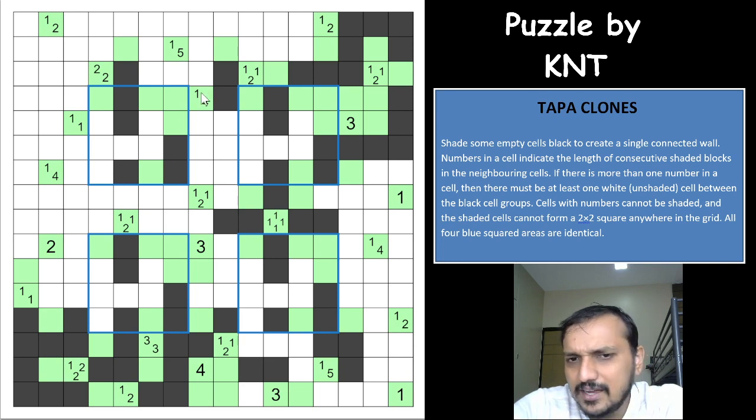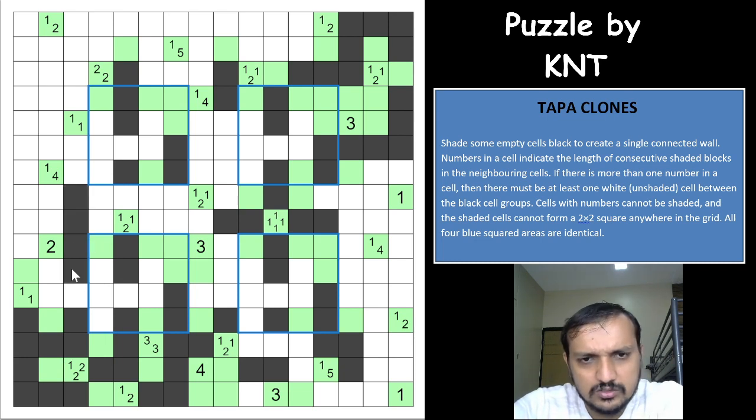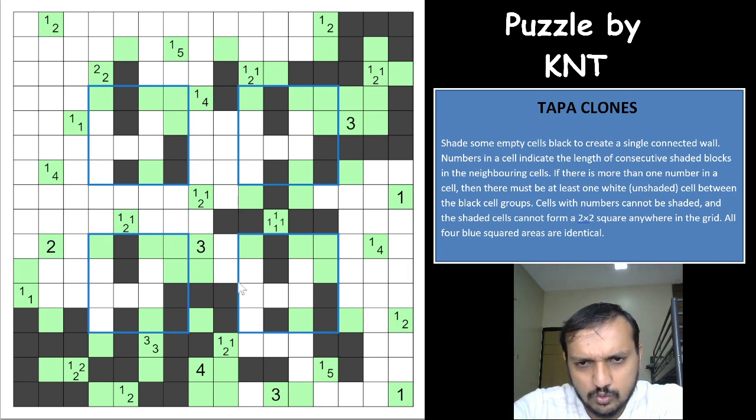I can see that that's a really amazing logic here. None of these groups of shaded cell can go out using this way. There are only 2 paths here. This is one of the path and this is one of the path. It cannot go out using this path because of the 2 clue. It has to go out using this path. Nice. Is that helping us?